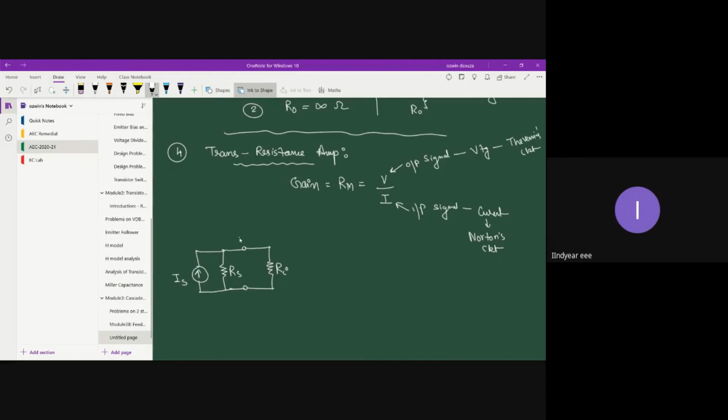This is Is, and this is IL. On the output side you have the gain part, the output source, which is a voltage source. You can represent it as Rm times Ii, so it is Rm into Ii.